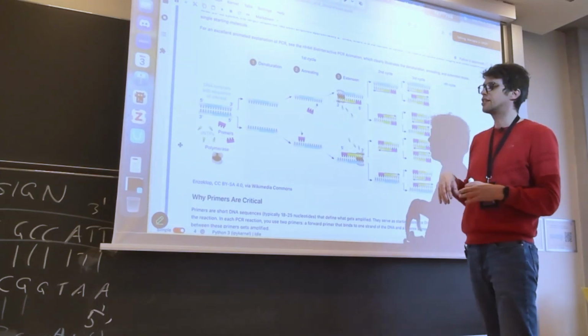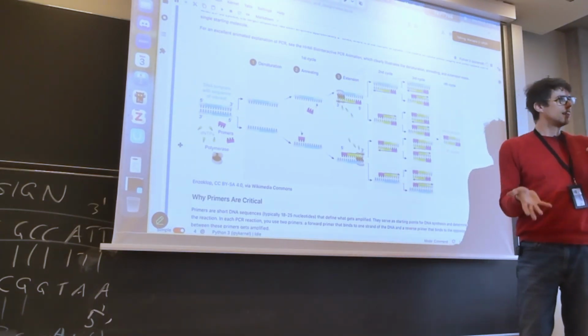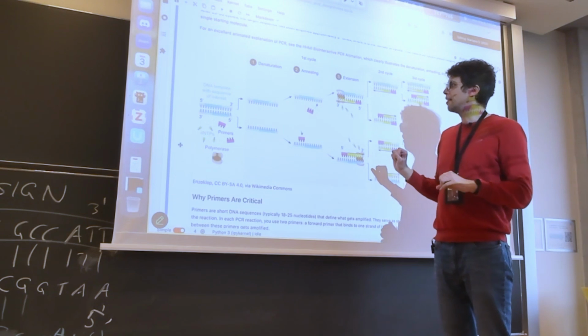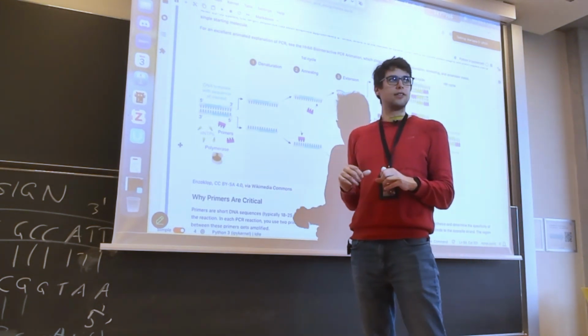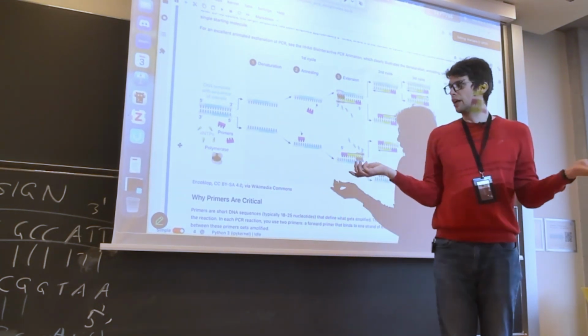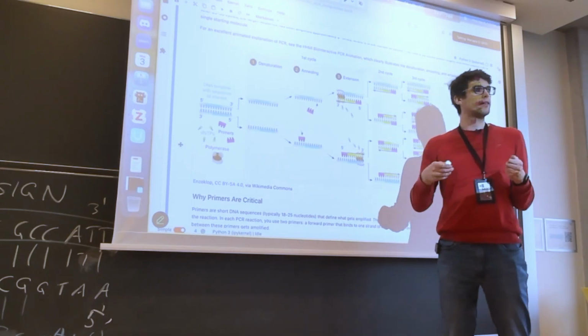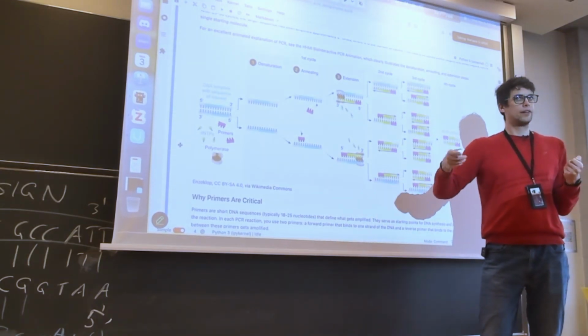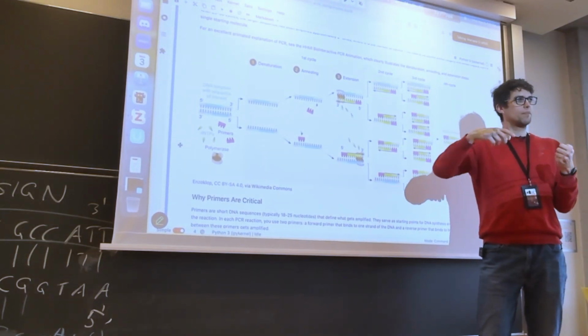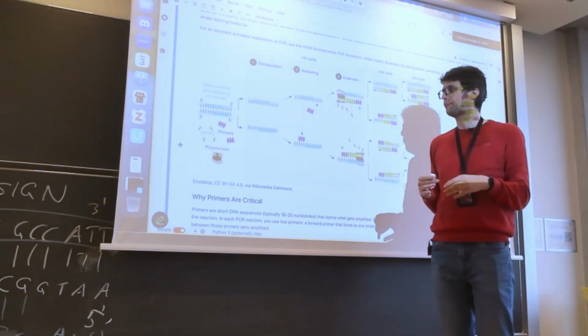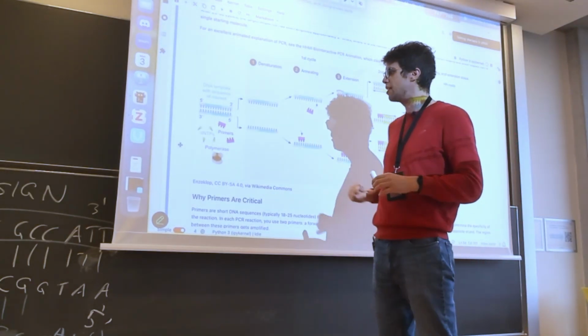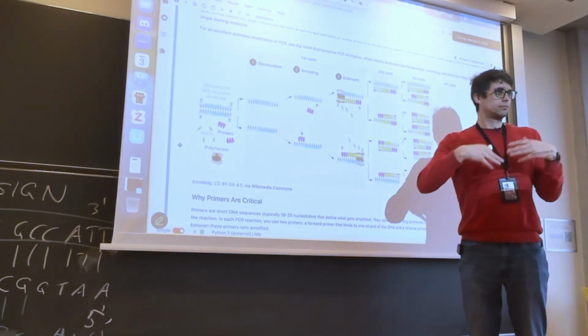And then we have the extension step. We turn up the heat in between the two. And then we get this polymerase, which is this machinery that polymerizes DNA, so it makes a longer and longer polymer. And this polymerase is found in all cells.